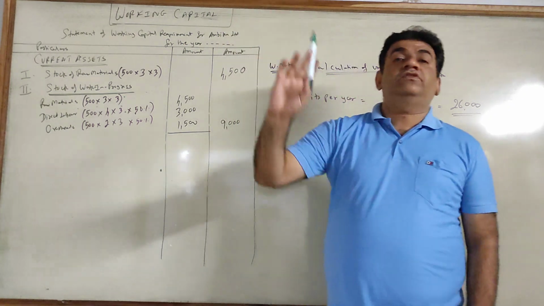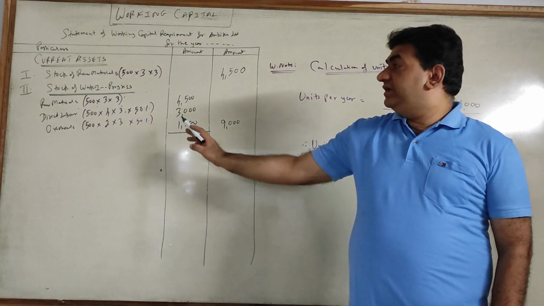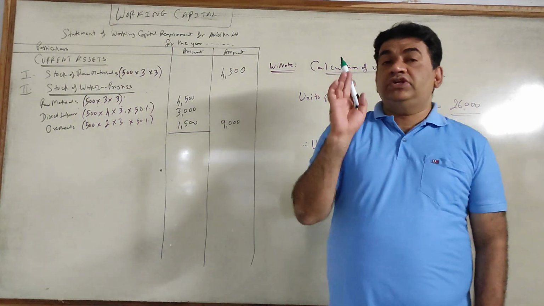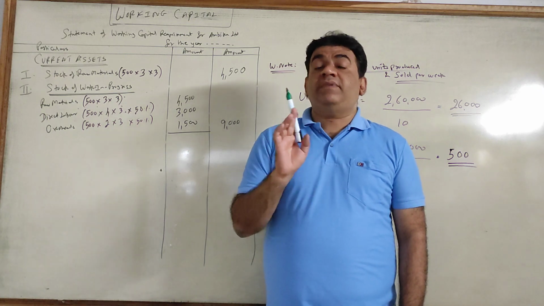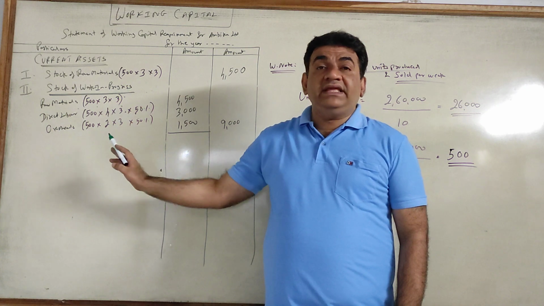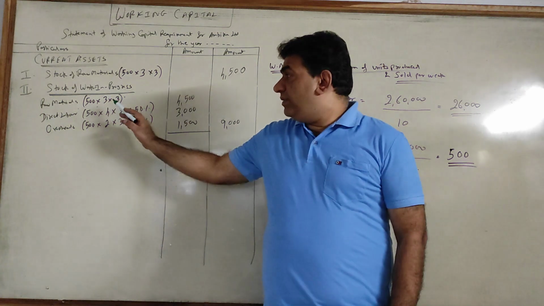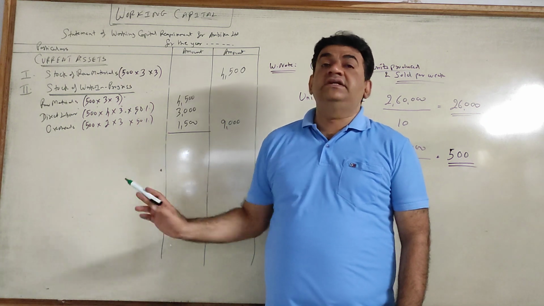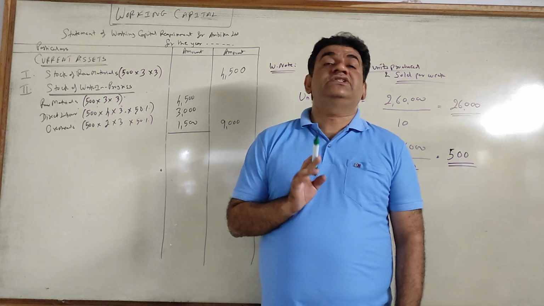Then it will be common for the rest of the chapter wherever you are calculating WIP. Got it, guys? So WIP means goods which are partly produced. 3 components of WIP: raw material, labor, overheads. Raw material you will take full value, labor and overheads 50% because the portion of completion is not given.